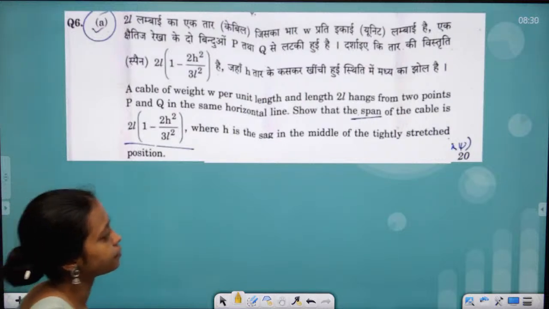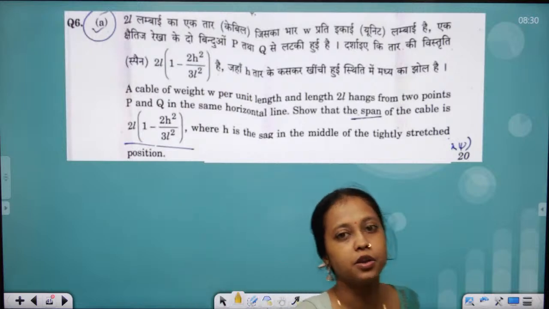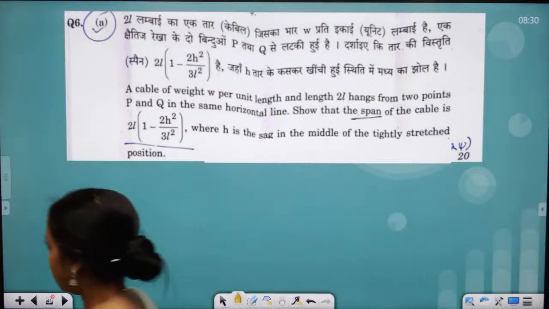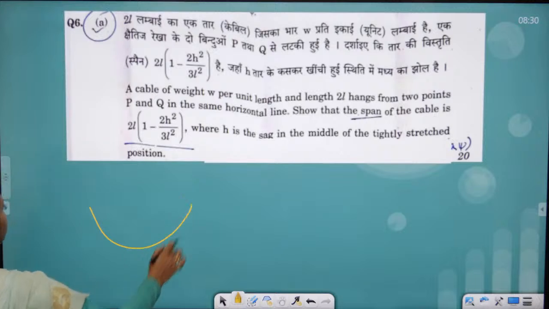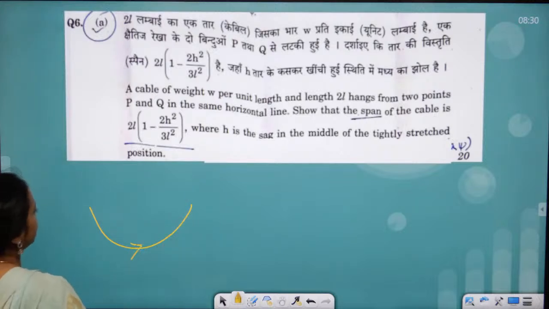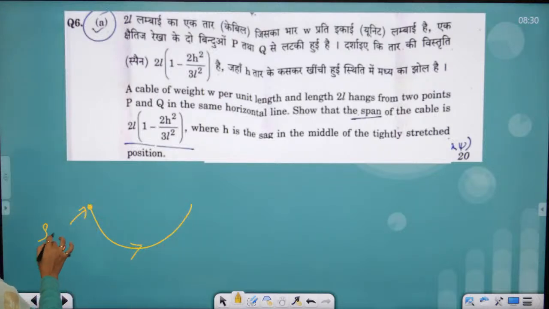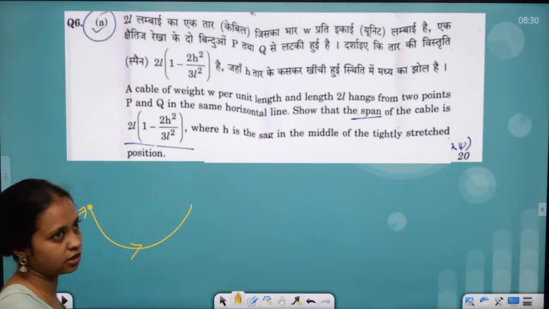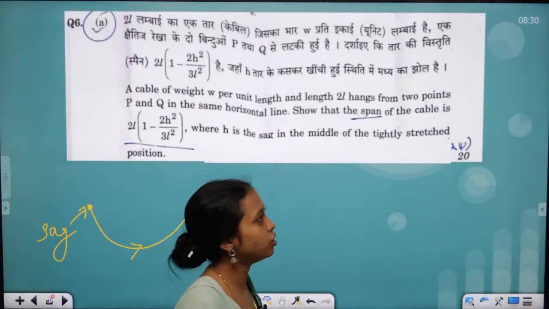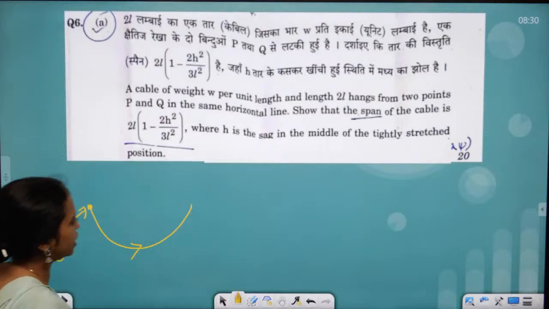This question was from catenary. Catenary principle. The curve is called the catenary curve, right? Sag is there. Tension in the strings, tightly stretched. Horizontal tension, vertical tension.